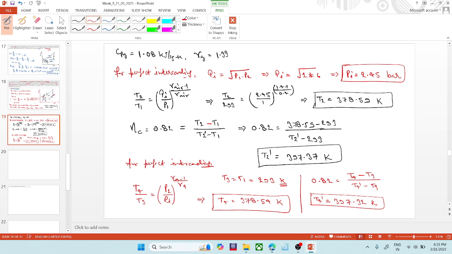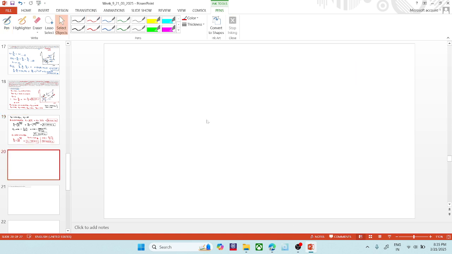Next, I have the value of T6. Let me calculate the value of T7. So T6 by T7 would be P2 by P1 to the power (gamma g minus 1) divided by gamma g, where the working fluid is the gas.